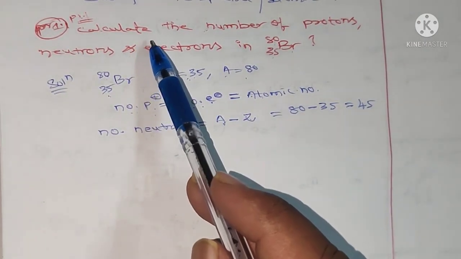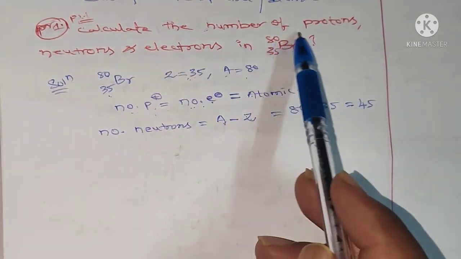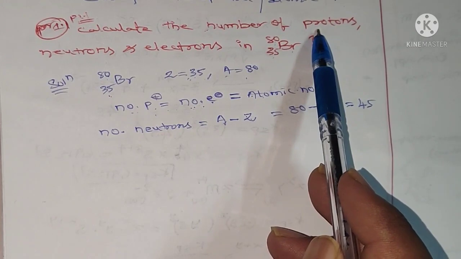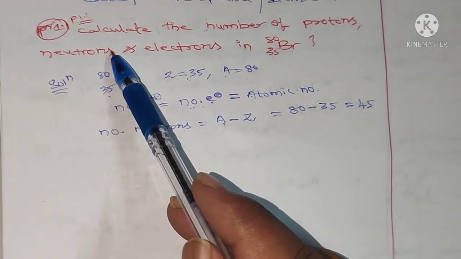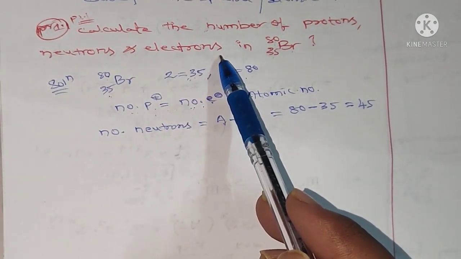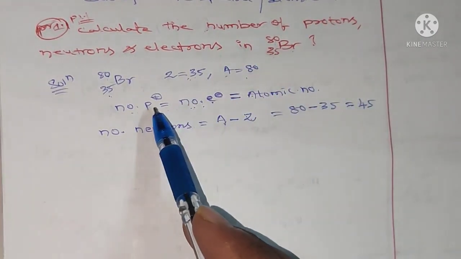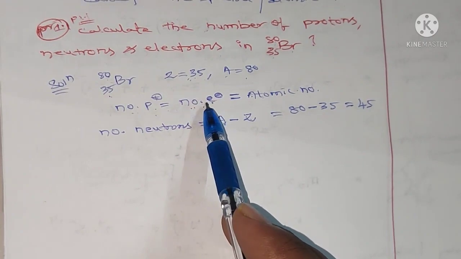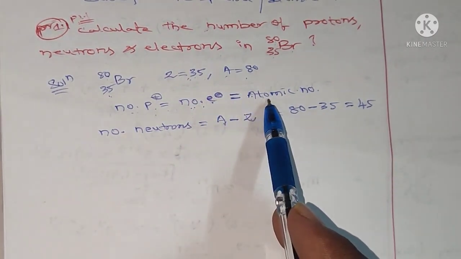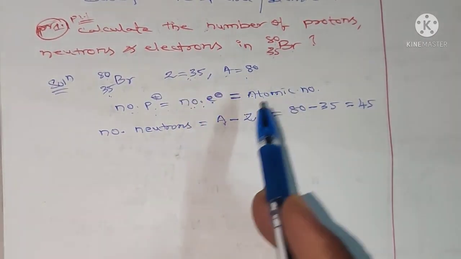In the question, we have to find the number of protons, number of neutrons, and number of electrons. Here the number of protons is equal to the number of electrons is equal to the atomic number, that is 35.